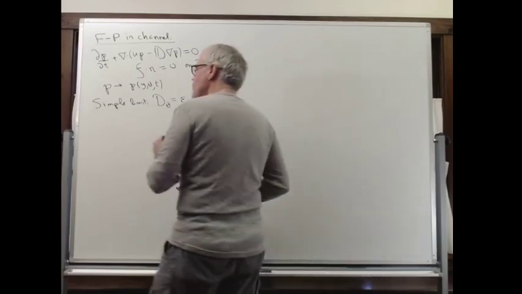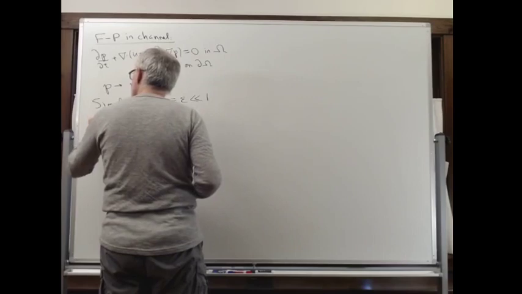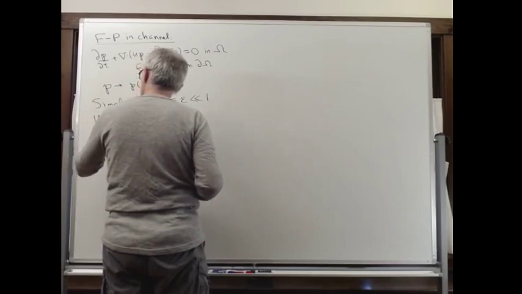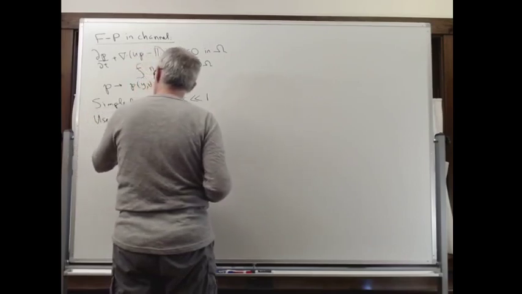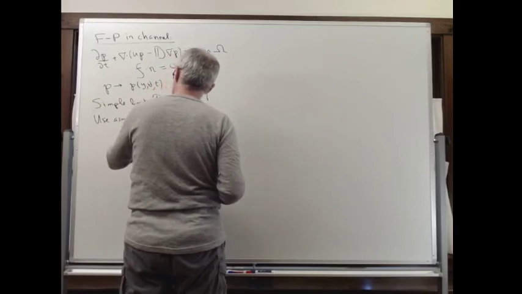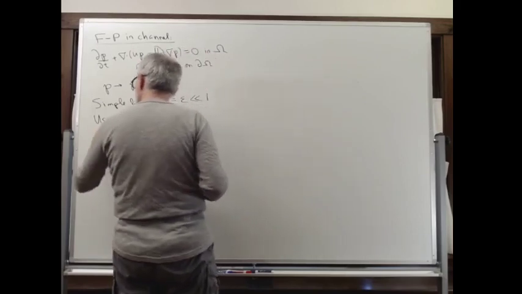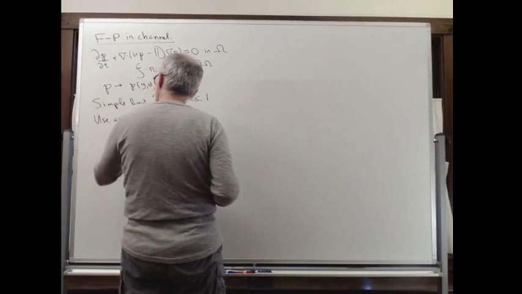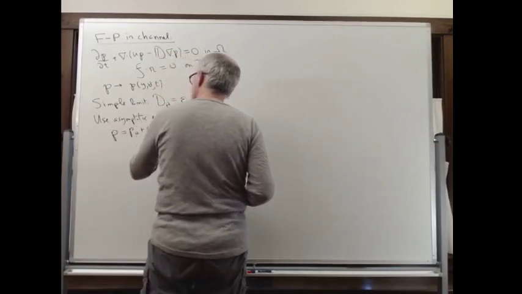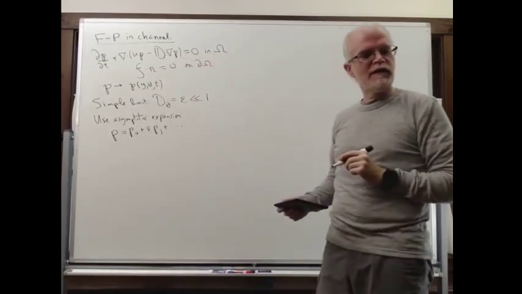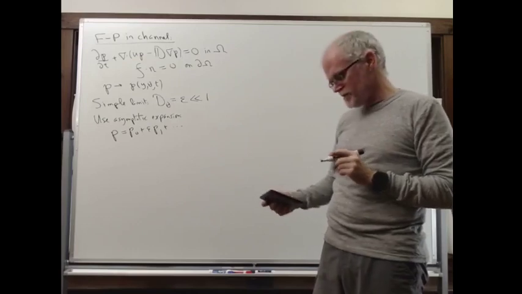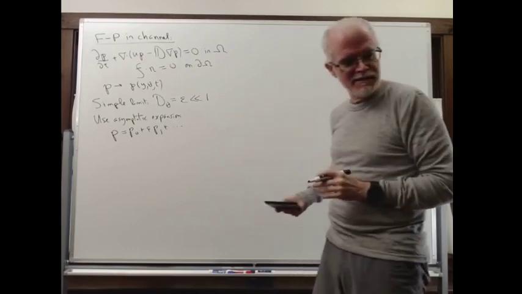So from this, we use an asymptotic expansion. We write that P is P0 plus epsilon P1 plus dot dot dot, the usual sort of asymptotic expansions in powers of epsilon. And I'm going to spare you the details of how this goes.